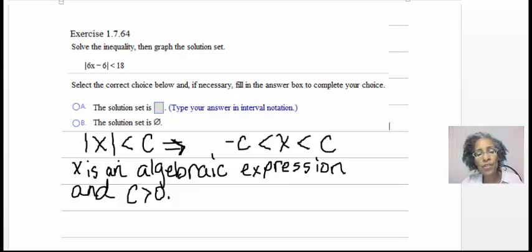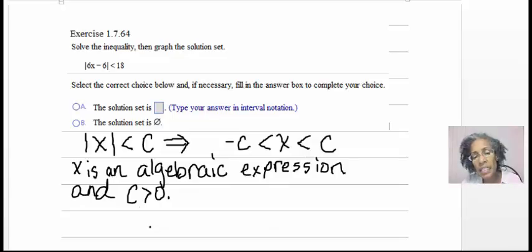So in other words, in order for x to be less than c units from 0, because remember absolute value is measuring distance from 0, it's got to be between negative c and c.